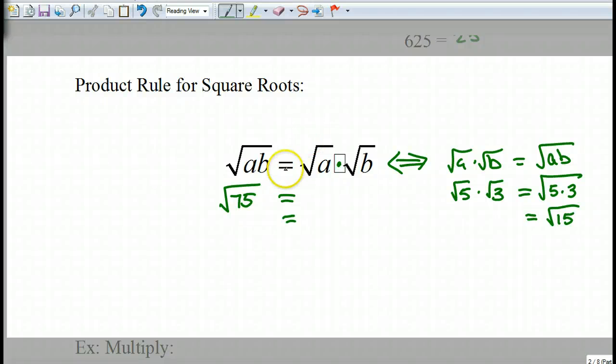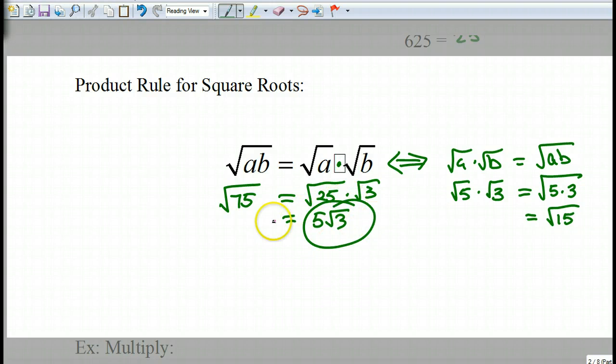So 25. The perfect square 25 goes into this 3 times, right? Now I can simplify, because I can take the square root of 25, which is 5, so it's 5 square roots of 3. It's simplified.